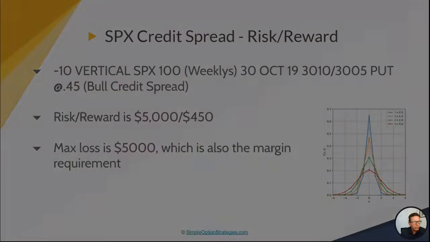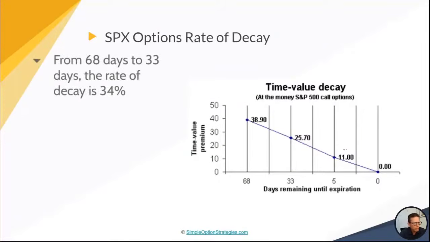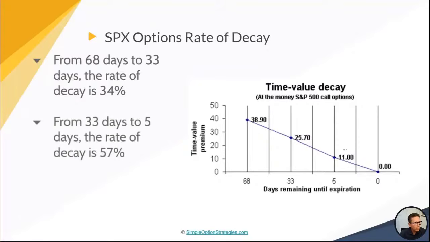Let's talk about options decay, because this is one of the profitability factors in this trade. Just a little basic education on options and their decay. These are call options, which are similar to put options. For the first 68 to 33 days, the rate of decay is 34%. From 33 days to 5 days, the rate of decay is 57%.